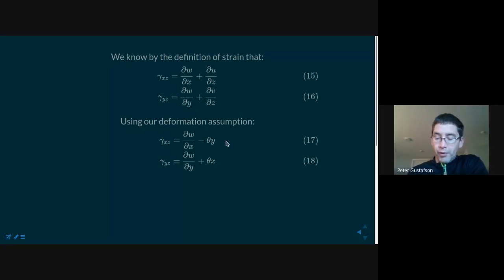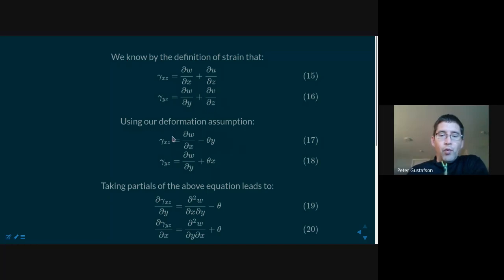And so they're relatively simple here. We see that one is a function of x, one is a function of y. We still, in each case, have this partial derivative of w with respect to x or y present. We also note this sign change that comes up because of that negative u that we showed in the diagram.